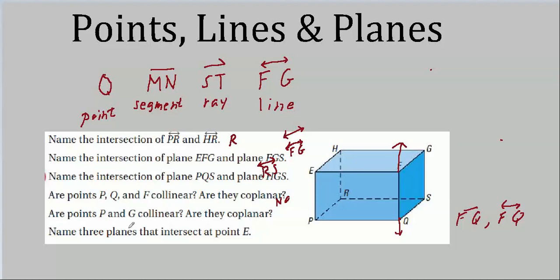Name 3 planes that intersect at point E. Well, there's E. What about EHG? That's one plane, right? Notice we don't put a plane symbol up on top here.